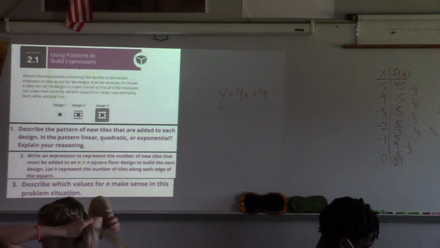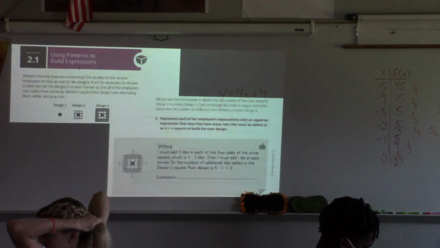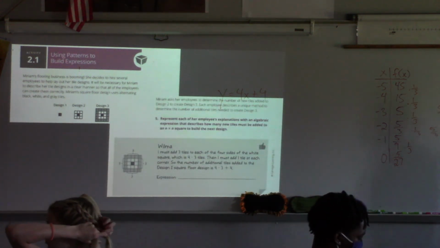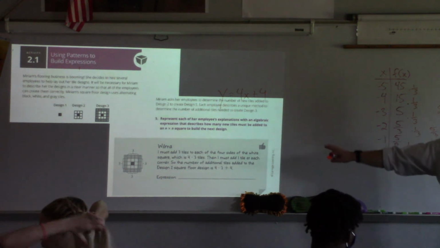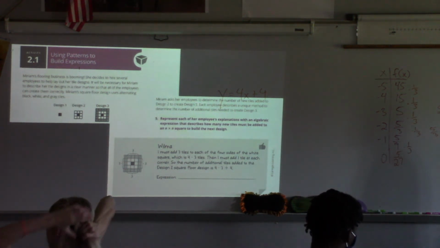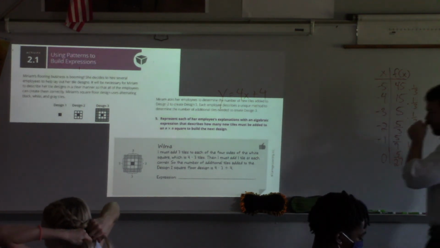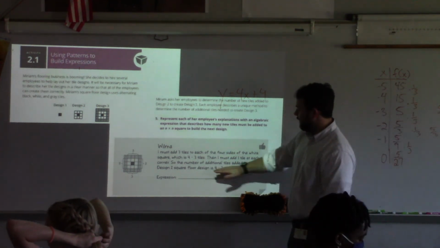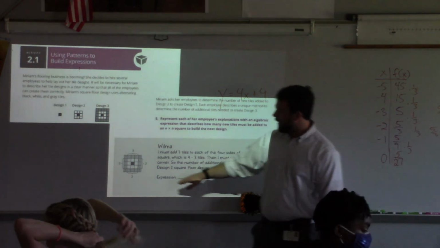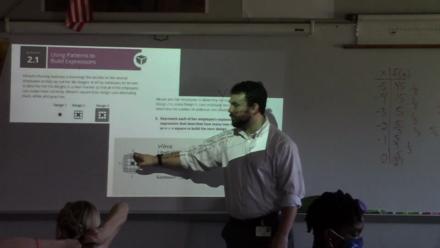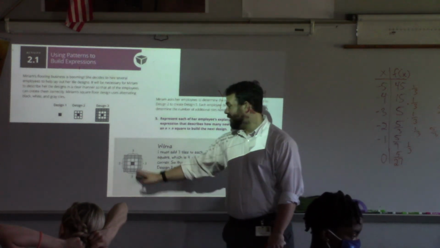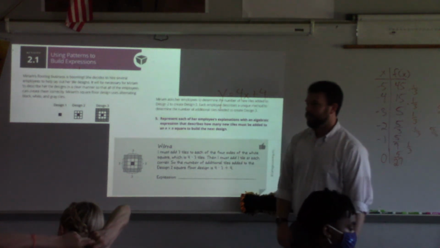But, and this is something I do want you to notice, there were quite a few other ways that they could be explained, right? And this is one of the reasons why pictorial representations are super useful, because we can actually see the math in different ways. This person, even though they had the same exact expression, they saw it because they saw 4 groups of 3, right? And then 4 corners.